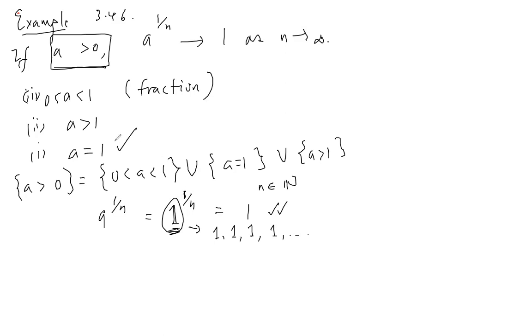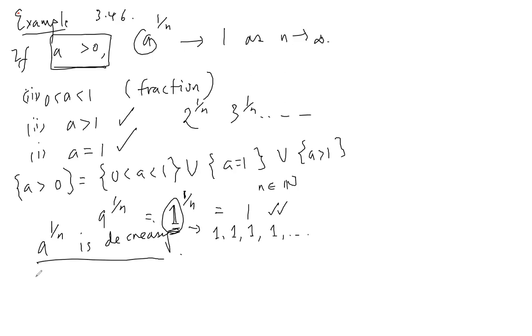The second case is A greater than 1. Now, when your A is greater than 1, like for example, something like 2, or 3, or whatever, what happens is that you note that your A power 1 over n is decreasing. And how do you know it's decreasing?